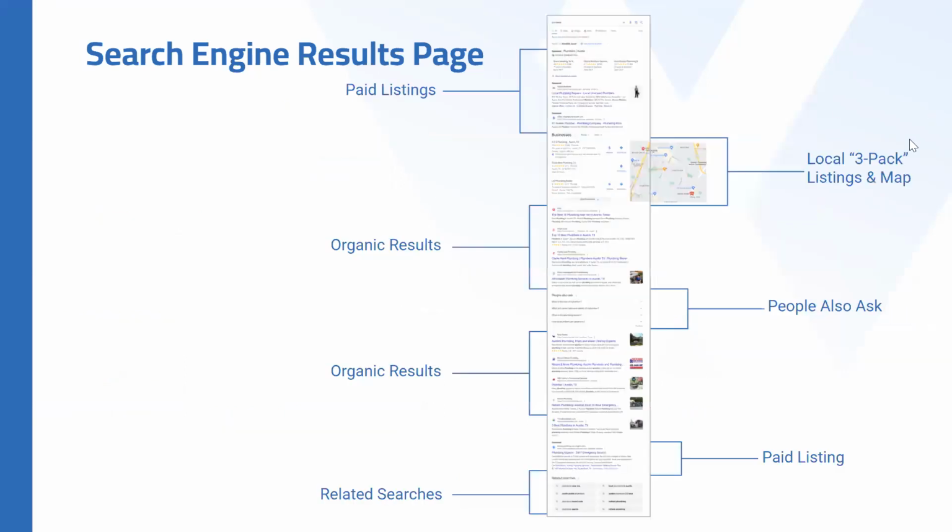Here's a more typical page for home service type of searches. It's a lot less busy. And what you'll see is not only is it less busy, it contains fewer modules as well. It's mostly paid listings, organic search results, and then the all-important 3-pack, the local listings, the 3 with the map.